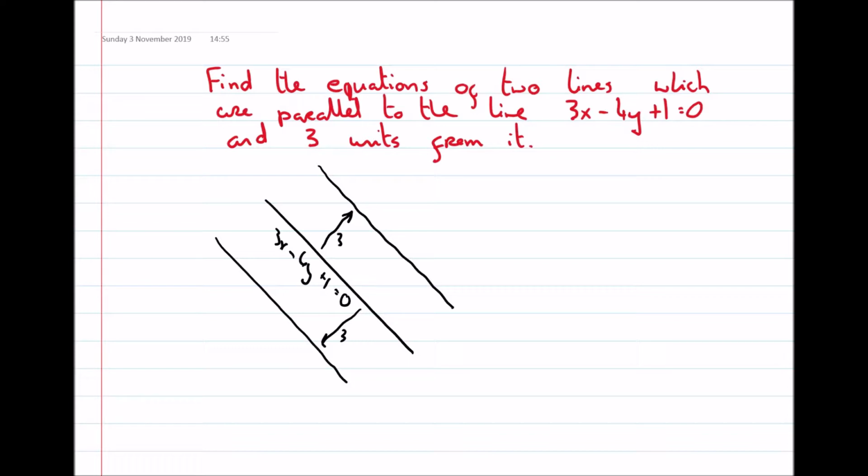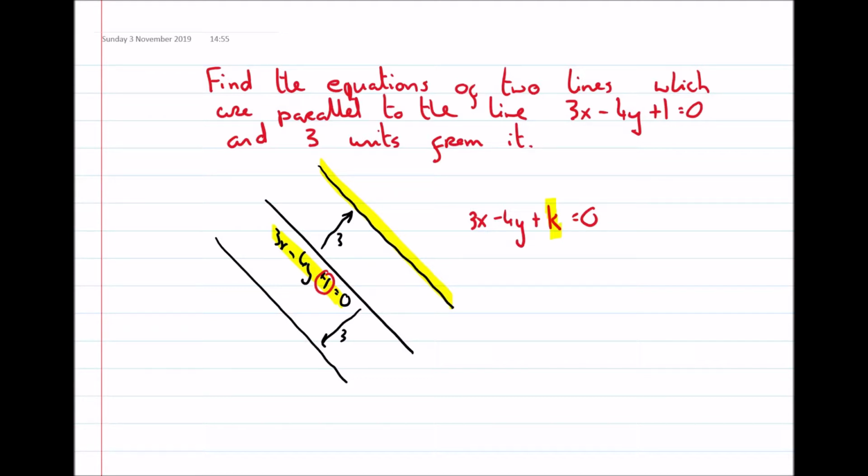Now, the form that this line will take will be 3x minus 4y plus some number. Really it's the same as that line, the 3x minus 4y, but whether it's to the left or to the right of it, instead of 1 here, it's going to be some other number. Parallel lines have the same x number and the same y number.